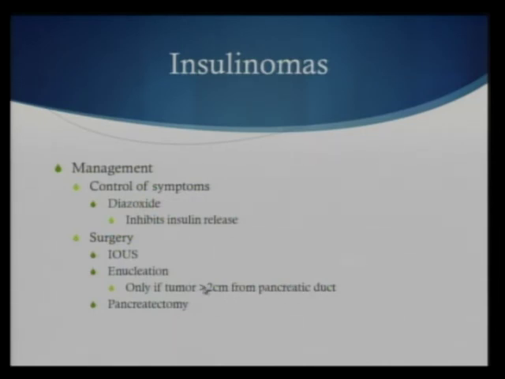This is just based on one of the answers, so it's probably good to know for you guys. So if the tumor is greater than 2 millimeters away from the pancreatic duct, you can enucleate. If it's closer than that, you can't, because if you take part of the pancreatic duct as part of the specimen, then there is a high concern for pancreatic leak. So you've got to make sure that there is some margin of normal tissue away from the pancreatic duct.